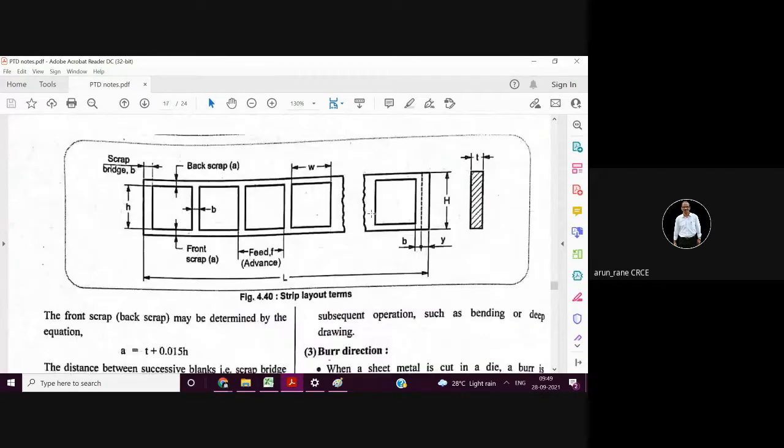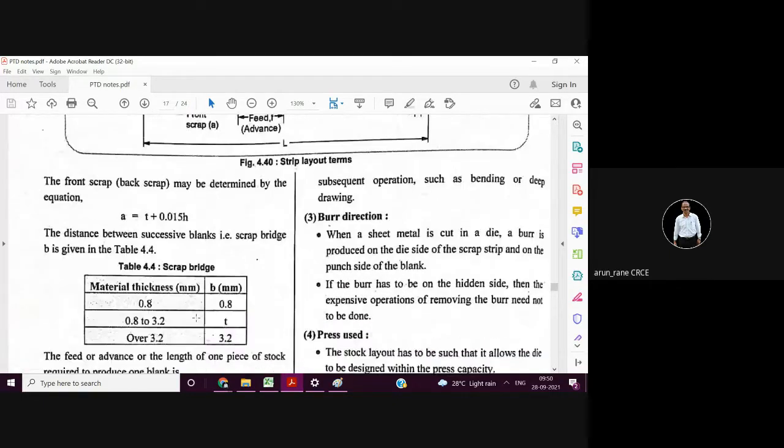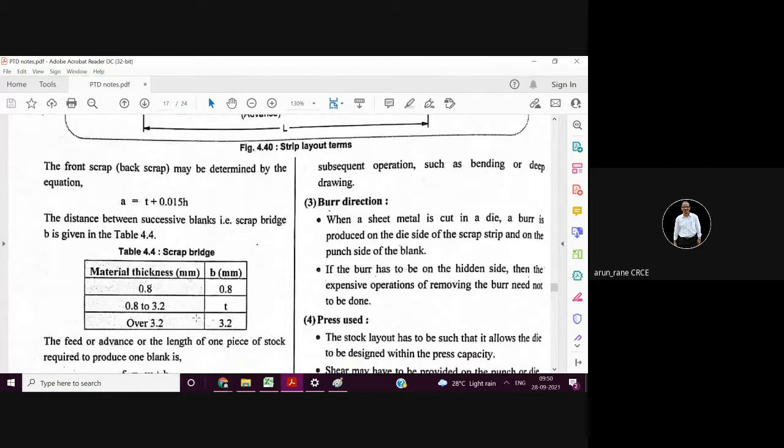This is another, like how to calculate this. It all depends upon the thickness of the strip. We can take it 2 mm, this 2 mm, 2 mm, 2 mm, or you can go as per the formula also. 2 mm is just nice.